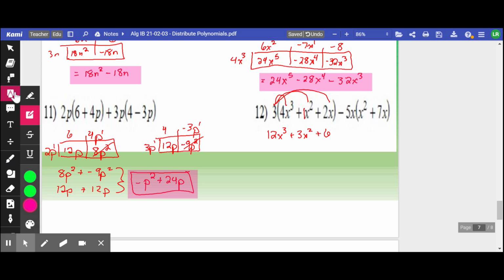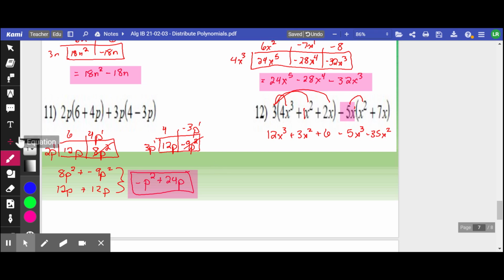Now, be very careful with this second one because that is a negative 5x, and those negatives tend to get forgotten. So it's negative 5x times x squared. So that'd be negative 5x. Remember, the x times x squared, add the exponent. That's x to the third. Negative 5x times 7x, that is negative 35x squared.